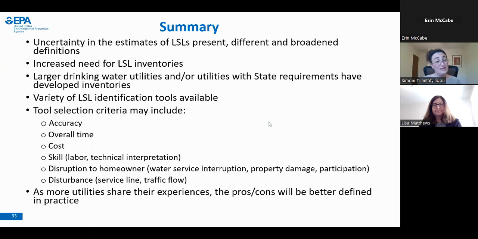Some of the ones that we identified were the accuracy, the time, the cost, the skill, the disruption to the homeowner, and the disturbance. And as more utilities share their experiences, the pros and cons relating to all of these criteria will be better defined.